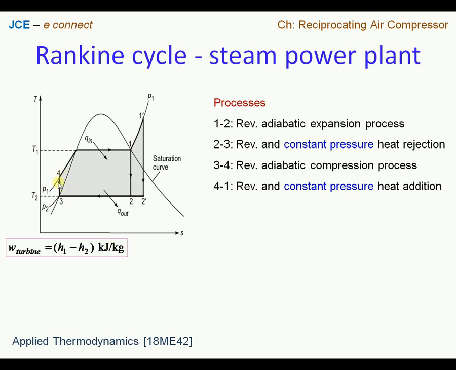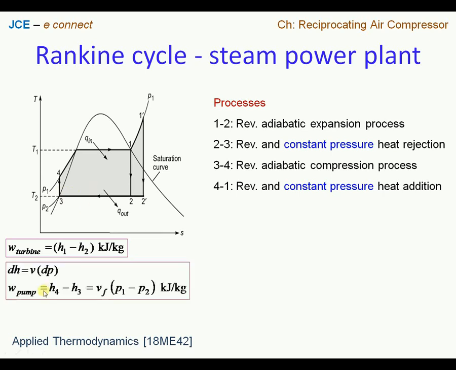Now let us look at the equation for work done by the pump. For the pump we have the TdS relation: TdS is equal to dH minus VdP. Since this is an isentropic process, dS is 0, therefore we have dH equal to V into dP.